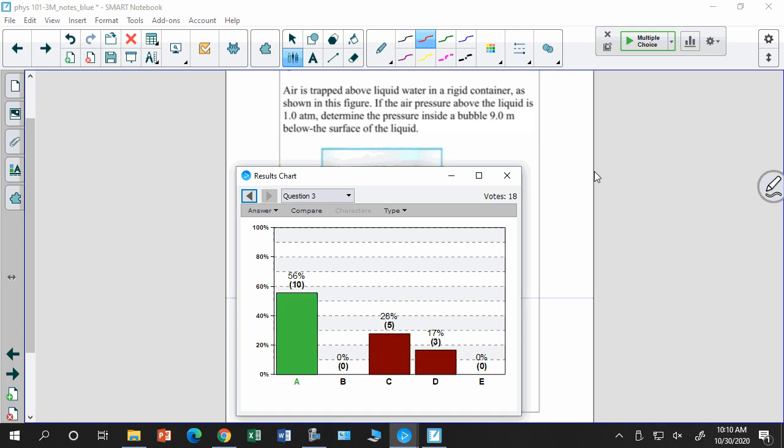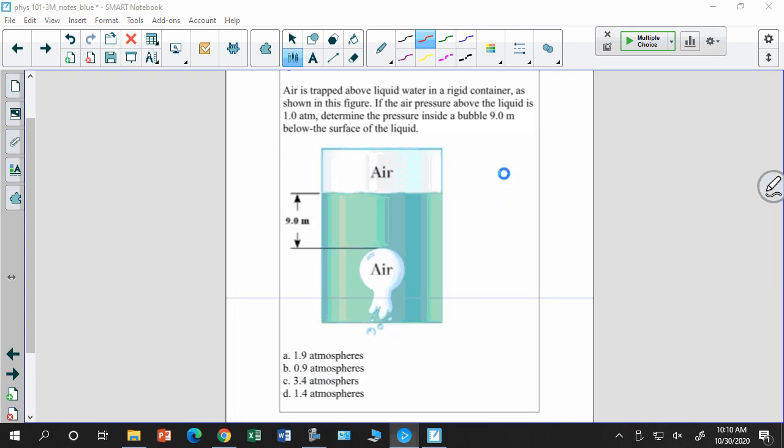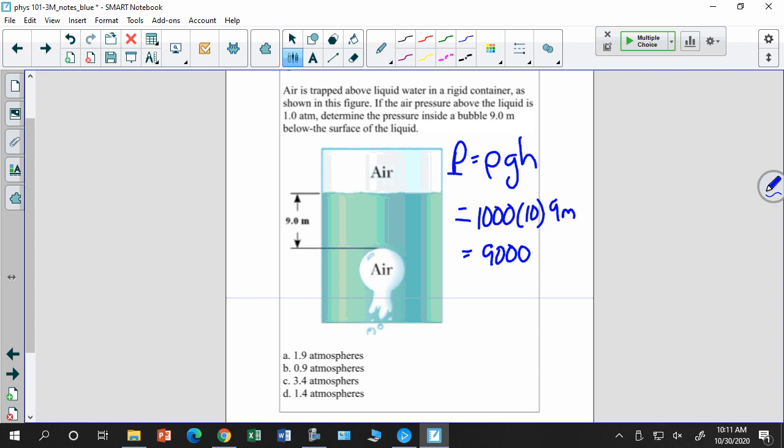Okay, A is right. A lot of you did have B, and you're on the right track if you put B, because what you did if you got B is that you said that P is equal to rho times g times h. And then if I calculate this, it's 1,000, the density of water, times 10 times h, which is 9 meters, and so that's 90,000 newtons per square meter.